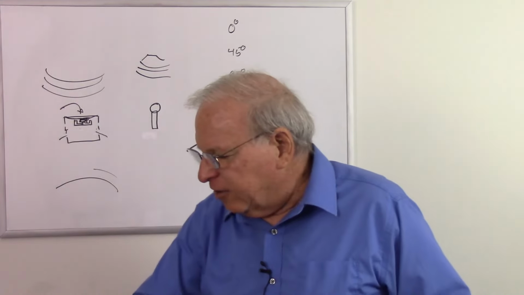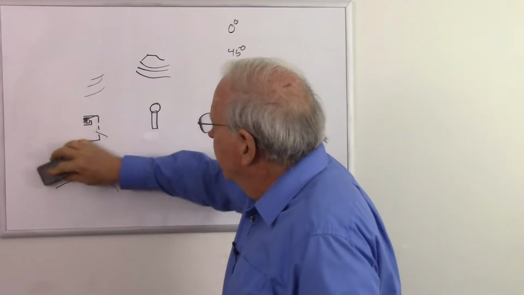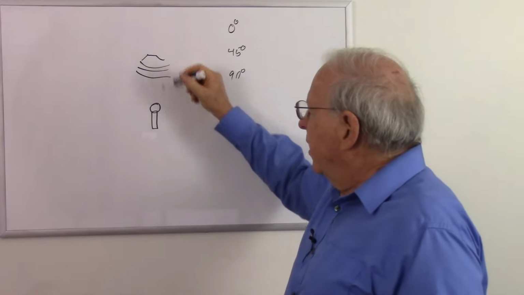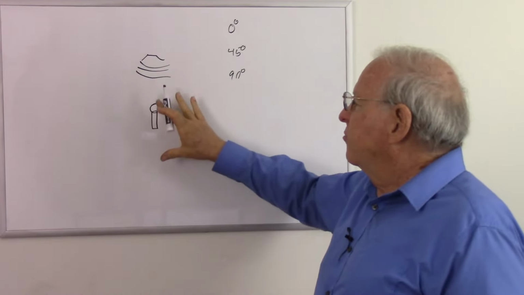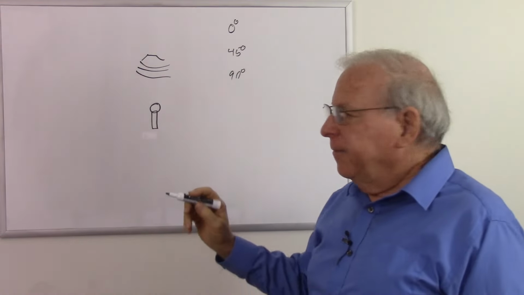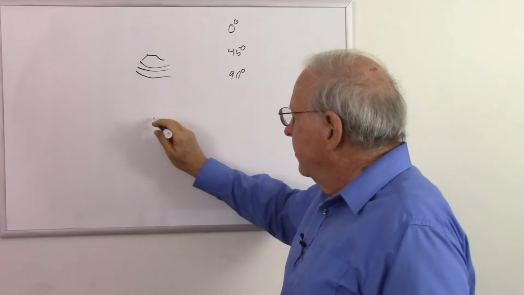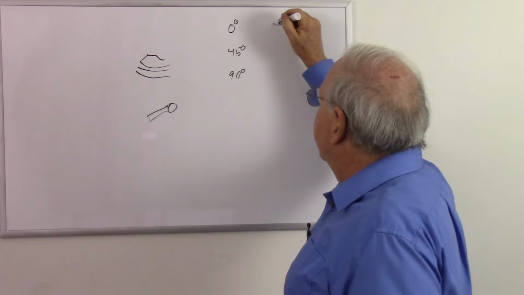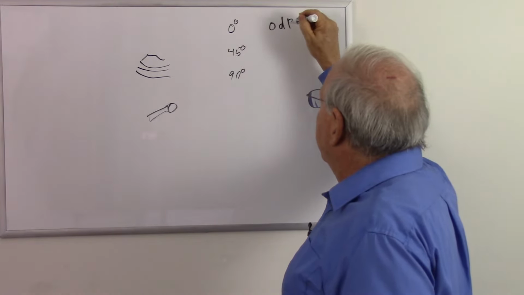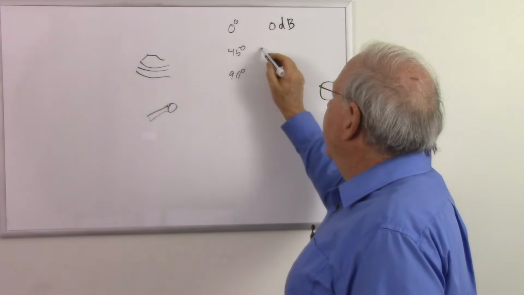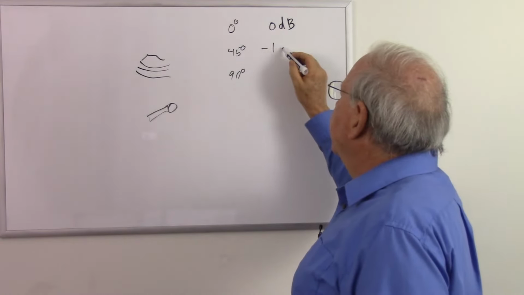So let's take this microphone and just do our little test here again. And so we set it up, pick off our sound, calibrate that to be 0 dB pointing at the front, and now we're going to turn that microphone 45 degrees and do it again, and now we find we have 0 dB pointing ahead, but let's say we have negative 1 dB.